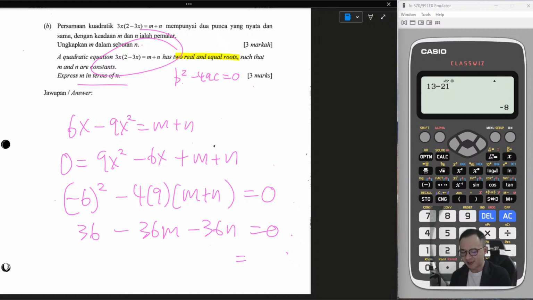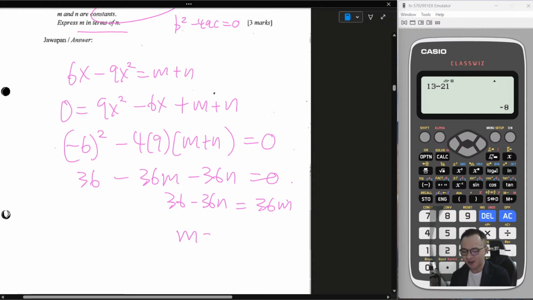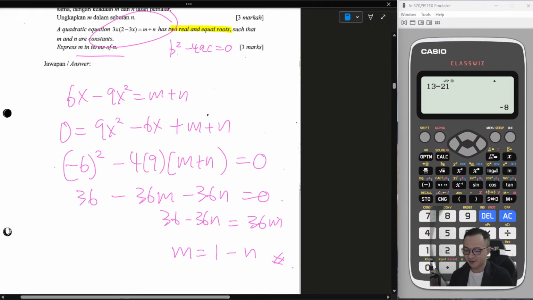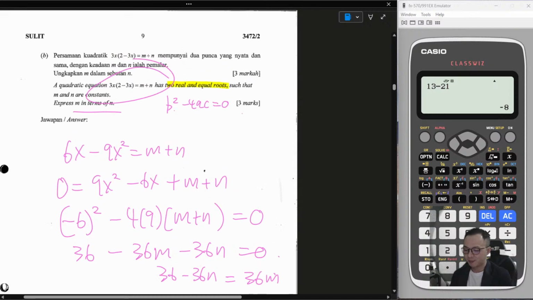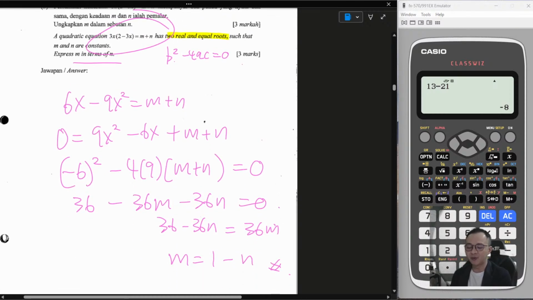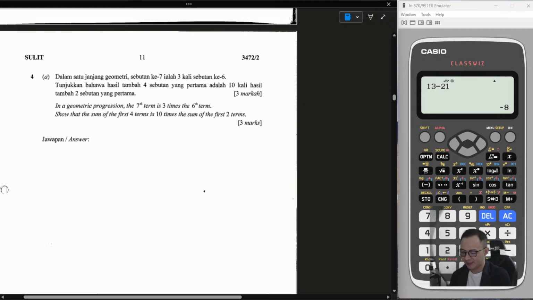I want to make m the subject. So 36m equals 36 minus 36n. Divide 36 for the entire equation. m equals 1 minus n. Then I'm done. It shouldn't be too difficult for you. You just need to know real and equal roots, which is b squared minus 4ac equals 0. Okay, next one.